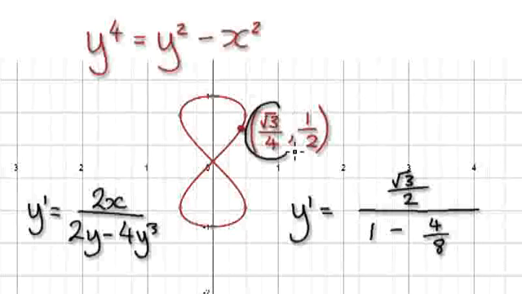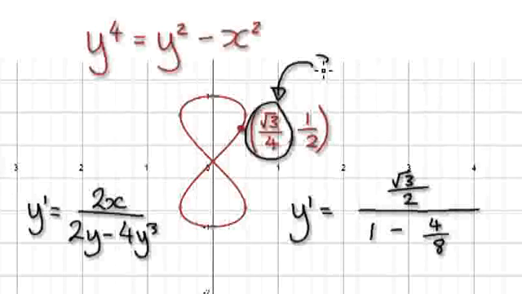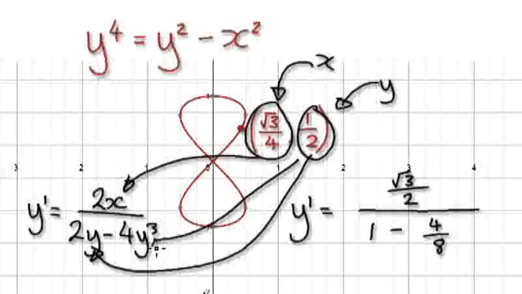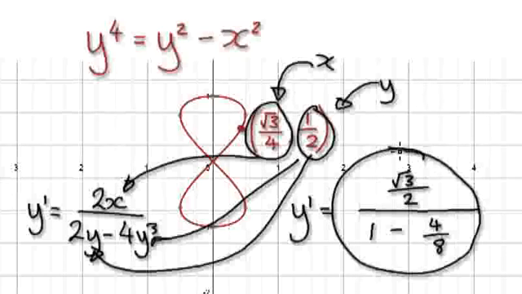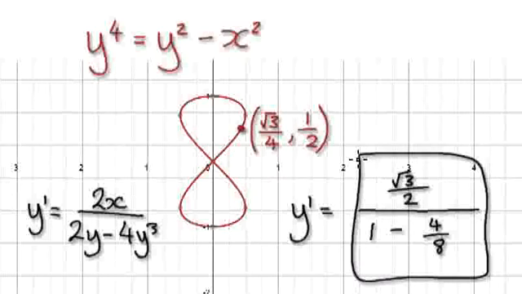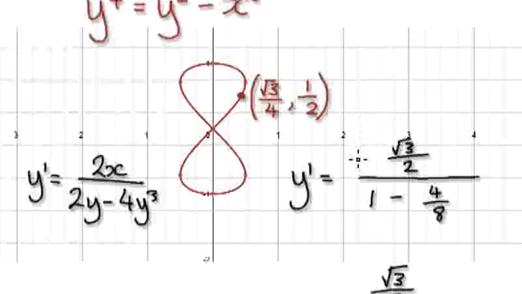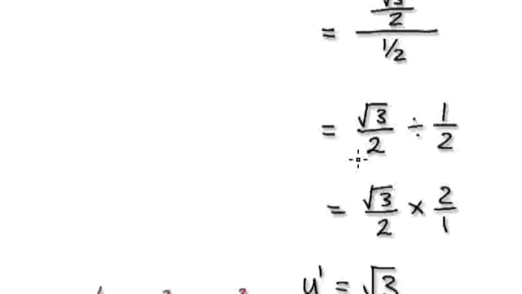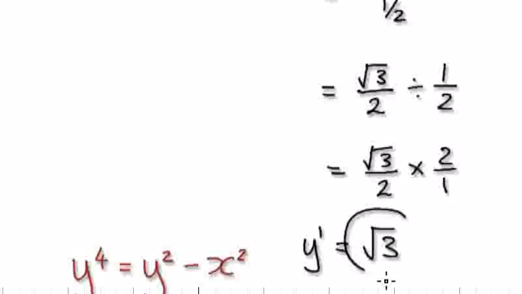This is your x, and this is your y. So you can put the x into here, and then the y into here, and into here. That will then give you this. So if you put that into here, y prime equals this. Now it's just working it out: y prime equals root 3.